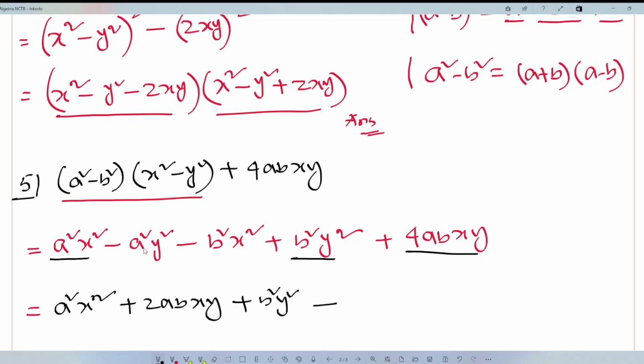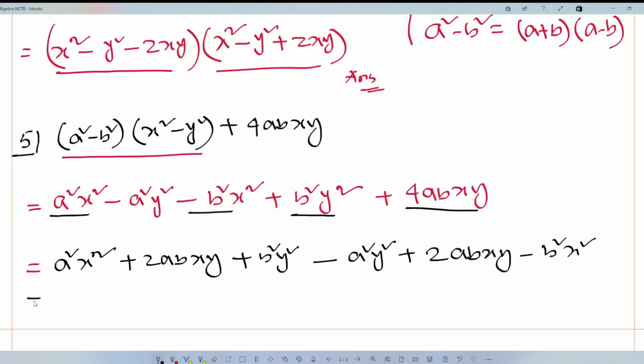Minus, we can take common here minus, so we can write a square y square, and here is 4abxy, we already wrote 2abxy, so here again we can write 2abxy, and here is this one minus b square x square.